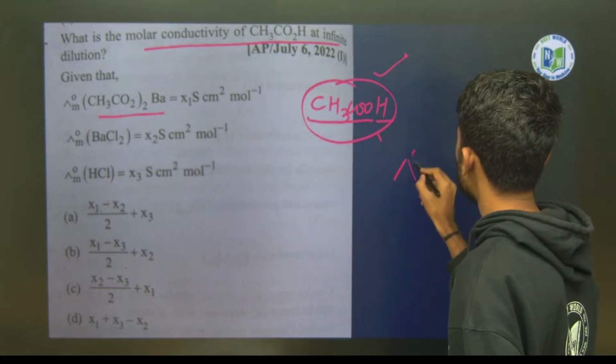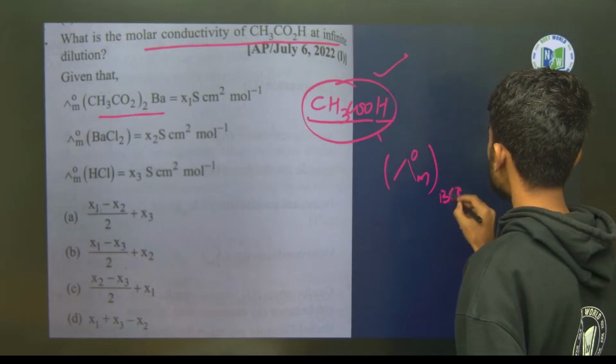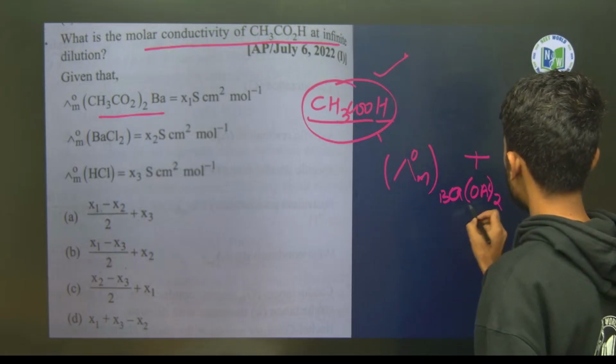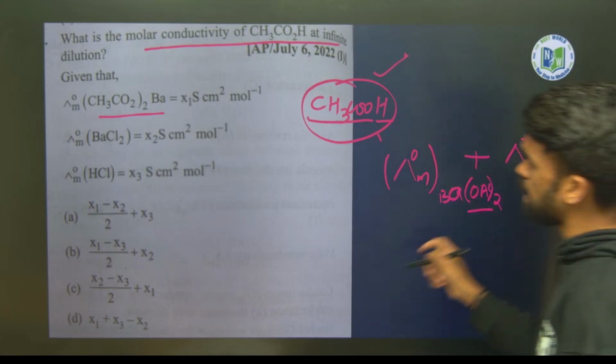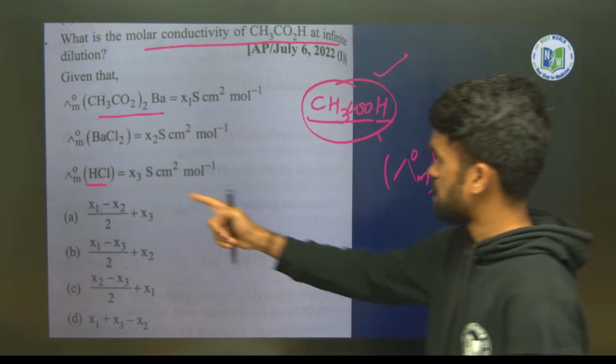The limiting molar conductivity of barium acetate, Ba(OAc)2, plus, we have 2 acetate ions here, and we need H plus ions. For one acetate we require one H plus ion. So for 2 acetate, 2 times the limiting molar conductance of HCl, and here barium and chloride ions are extra, so remove that. So minus the limiting molar conductance of BaCl2, that's it.